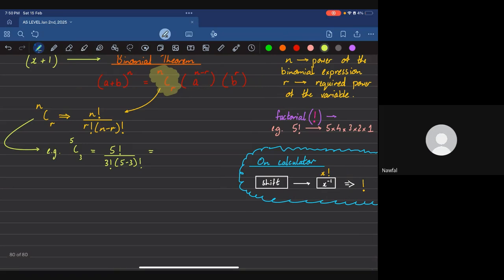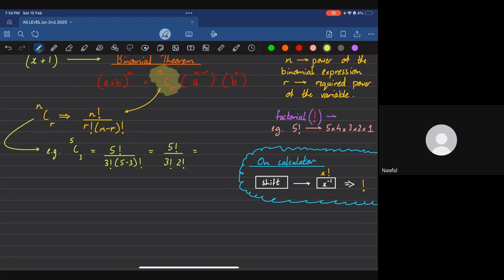So what is going to be the value of 5 factorial? You guys should know. And over 3 factorial times 2 factorial.